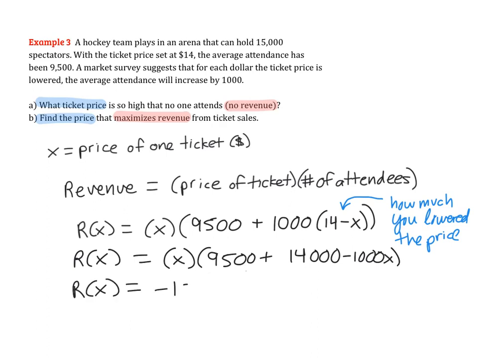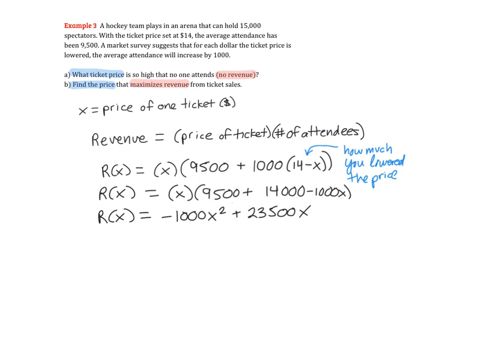What I have left is negative 1,000x squared. So I multiplied this to this. If you combine these two and multiply by x, you get 23,500x. So you can see again here that we have a quadratic equation that models the revenue in terms of x, which is the ticket price.